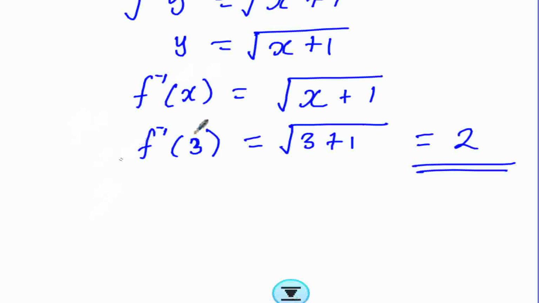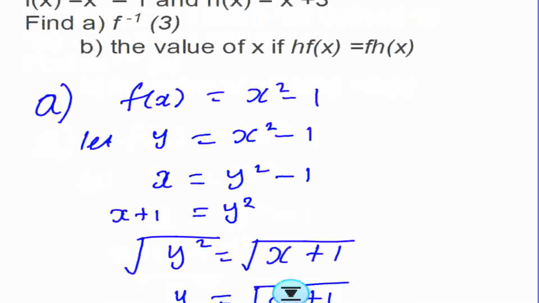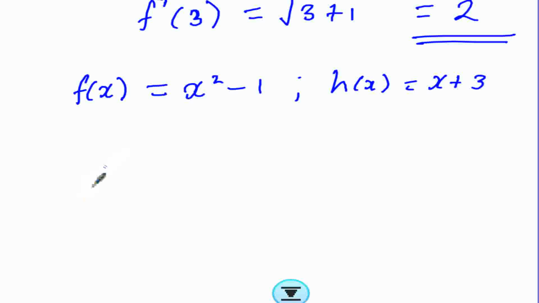Our f(x) is x squared minus 1, and h(x) is x plus 3. So we are going to look at fh of x.